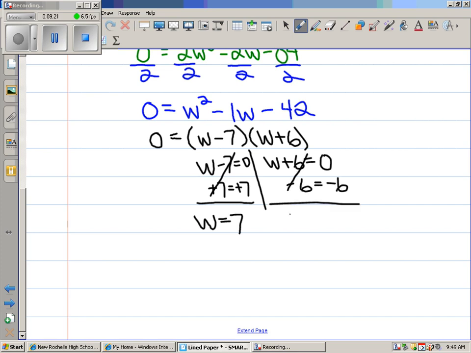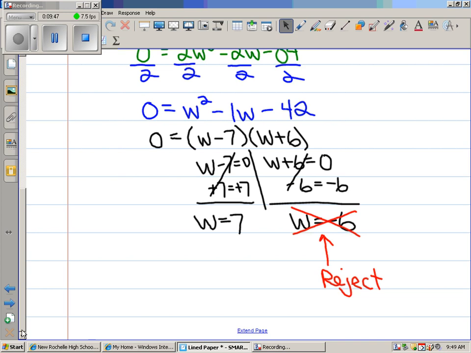The width could be negative 6, right? No, why not? This makes no sense. Reject this. You can't have a width be negative, right? You could write the word reject, or if you're real lazy, you could just go like that.